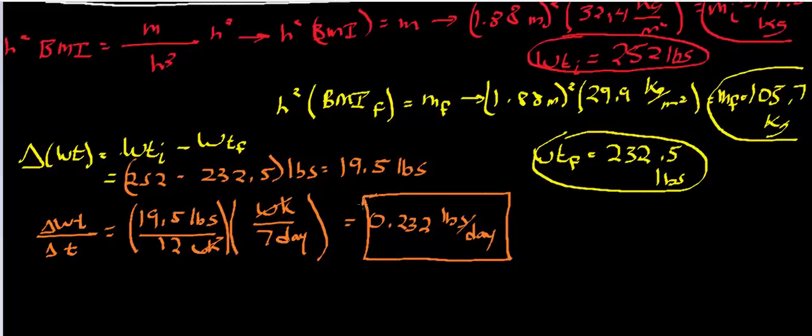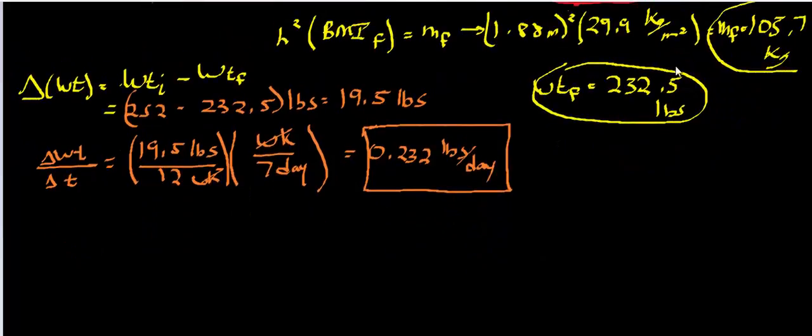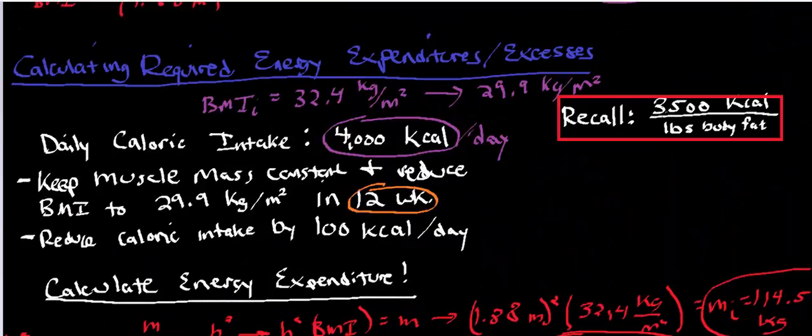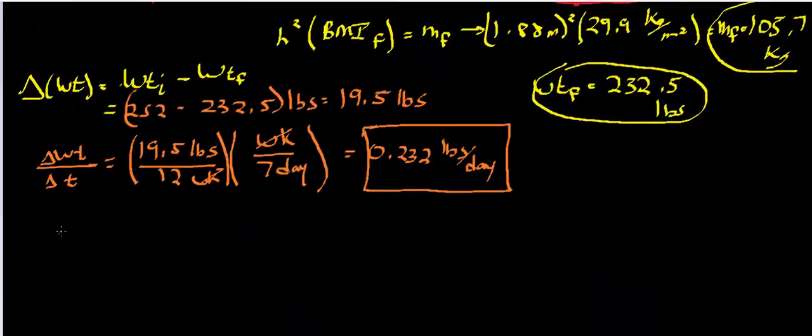Now, ultimately, what we want to do is calculate how many calories this is that you're burning per day. And what we have to remember there is this conversion factor. Remember that there are 3,500 nutritional calories in 1 pound of body fat. So let's say 0.232, and that's going to be pounds per day, right?